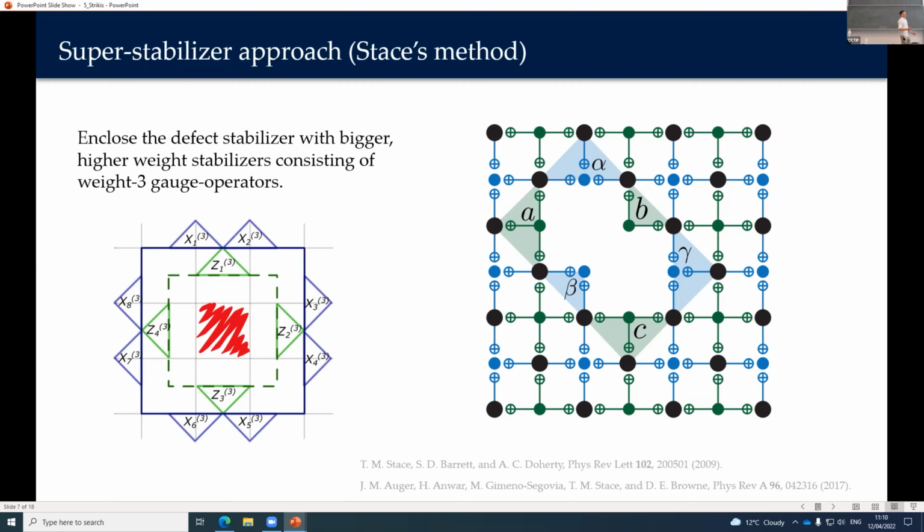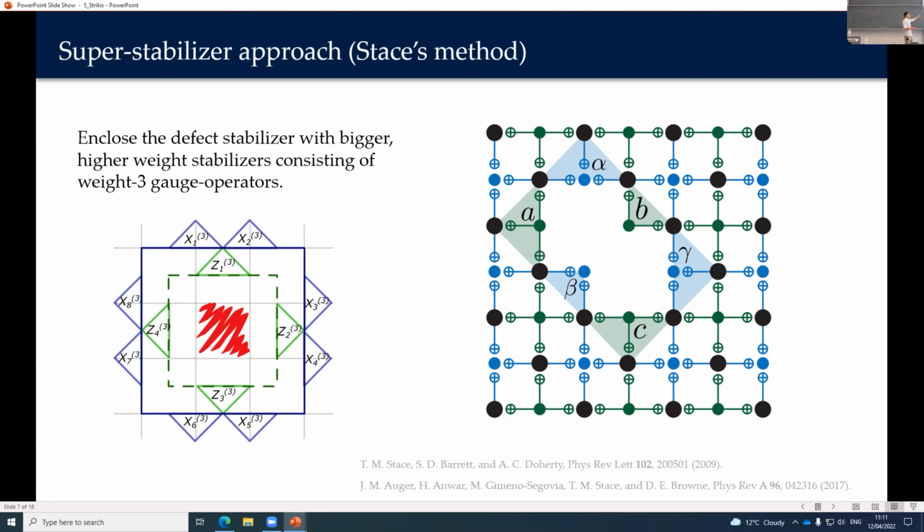So we may not measure them at the same time, but we can see that the product of all of A, B, and C, and the product of alpha, beta, and gamma, commute with each other. And so we can use the invariant of the product, or the super stabilizer, to start detecting if the ends of the error strings are terminating at this boundary, this hole, essentially.